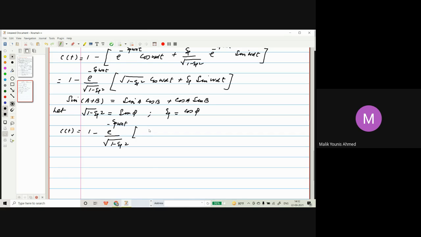So this will be sine phi cos omega d t plus cos phi sine omega d t.